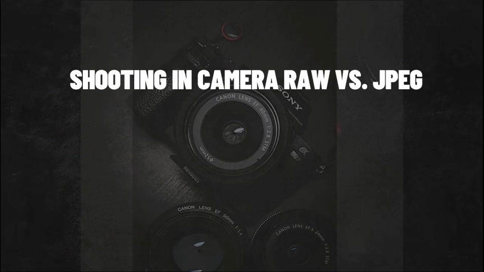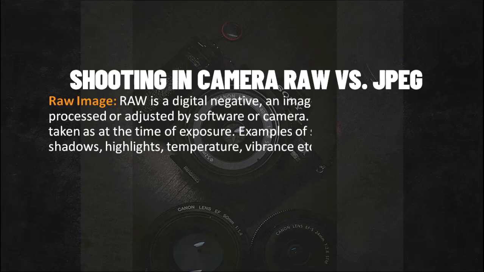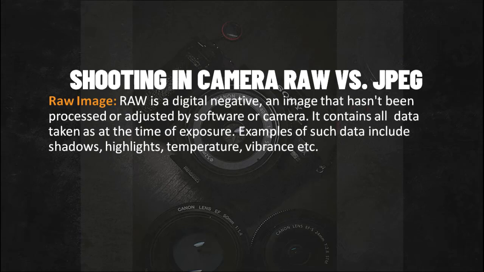So shall we proceed? The next topic we have here is shooting in camera raw versus JPEG. Now, the raw images are more like digital negatives, and these are images that have not been processed. They've not been adjusted by a camera or software. It contains all the data taken at the time of exposure.